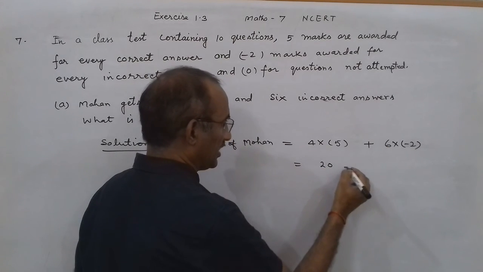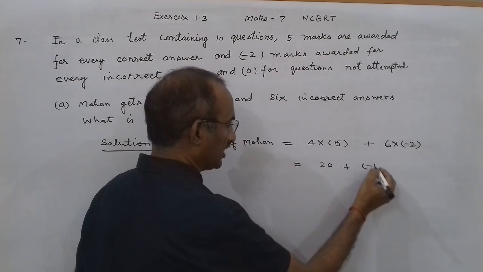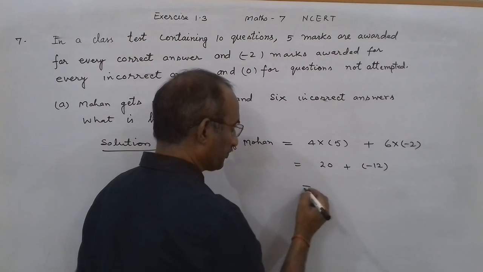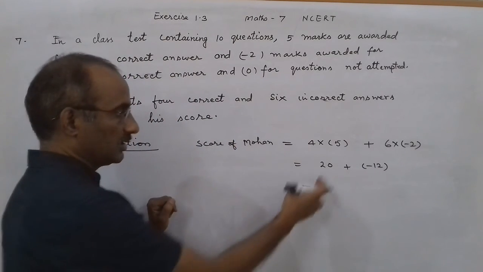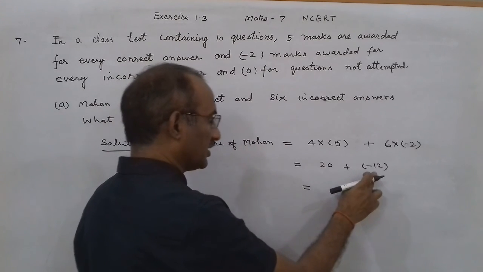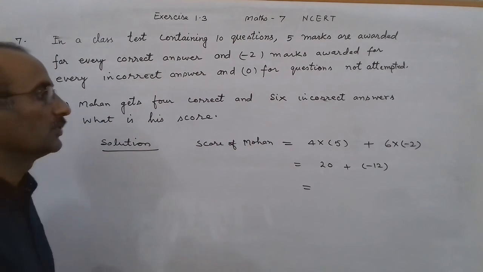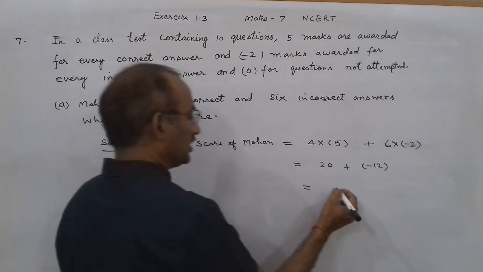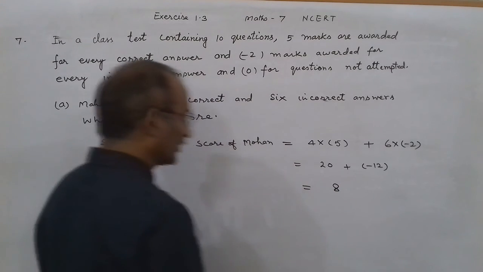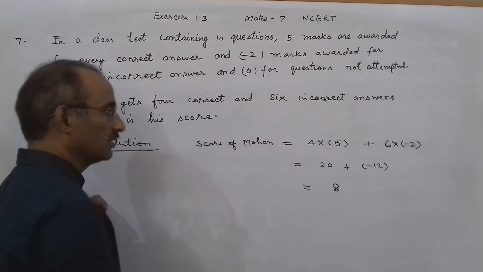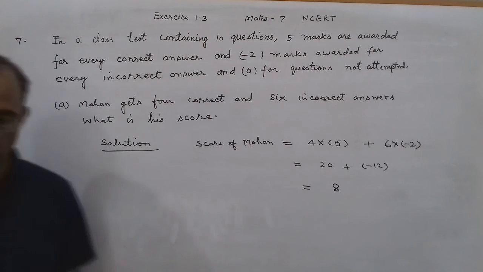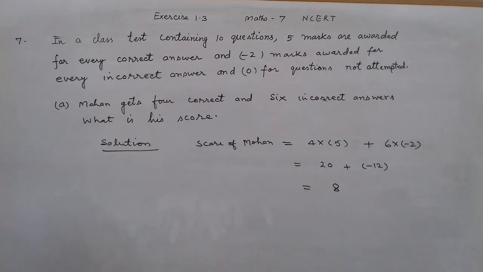And if we multiply 6 with minus 2, we get minus 12. So this is a positive integer and this is a negative integer. We have to subtract 12 from 20. So we get 8. The score of Mohan is 8 marks. Now the second question is Resma gets 5s.